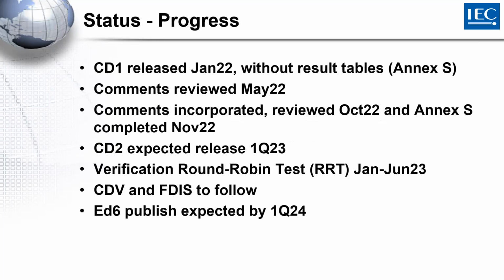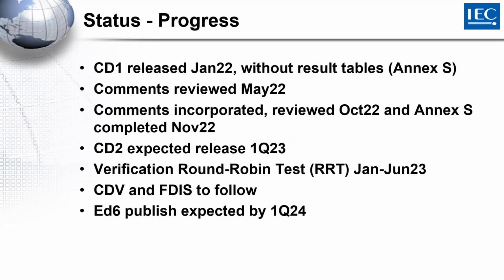And the process was, CD1 was released January 22 without the result tables. We were still working on them. The comments were finished reviewing by May 22. The comments were incorporated, reviewed by October 22, and Annex S was completed November 22. CD2 has been released for your consideration.